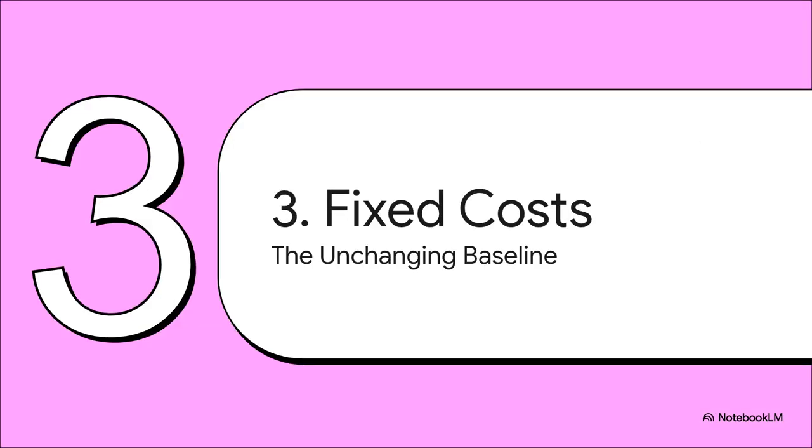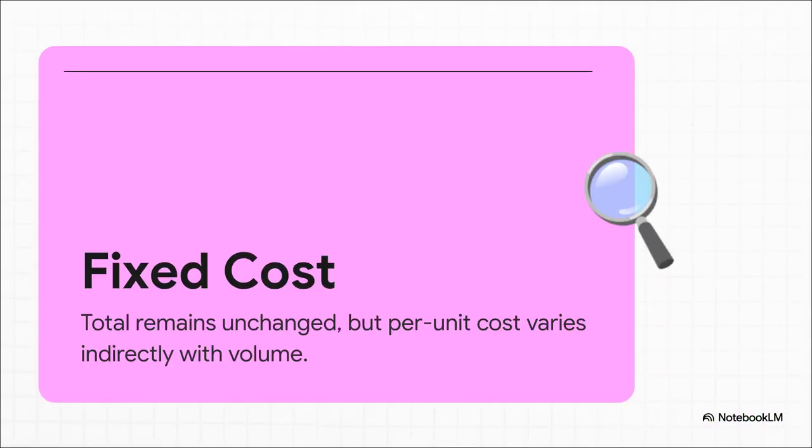Moving on to Section 3. Unpacking fixed costs, the unchanging baseline. Time to flip the script entirely and tackle our second building block. Unlike that sheet metal, a fixed cost is one where the total remains completely unchanged regardless of production, but the per unit cost varies indirectly with activity levels. Think of paying rent on an assembly line facility or paying property insurance.